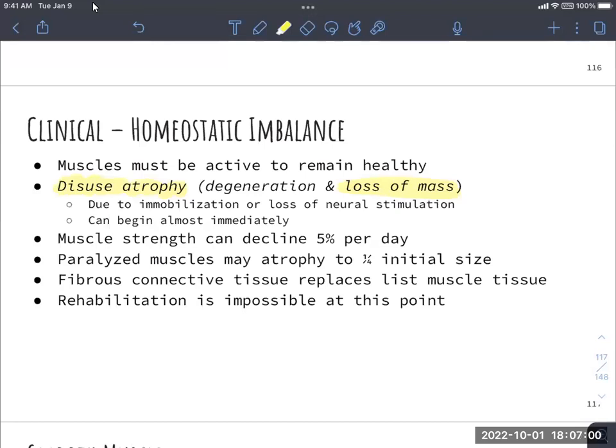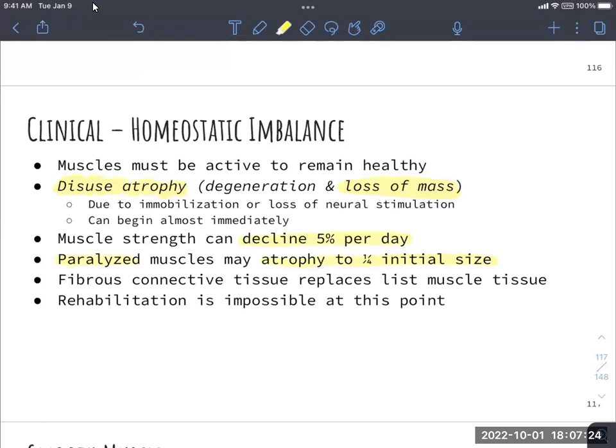Here's the sad part. The strength can decline by 5% per day. So if something were to happen and your muscles become paralyzed, they can atrophy to 1/4 of their normal or their initial size.